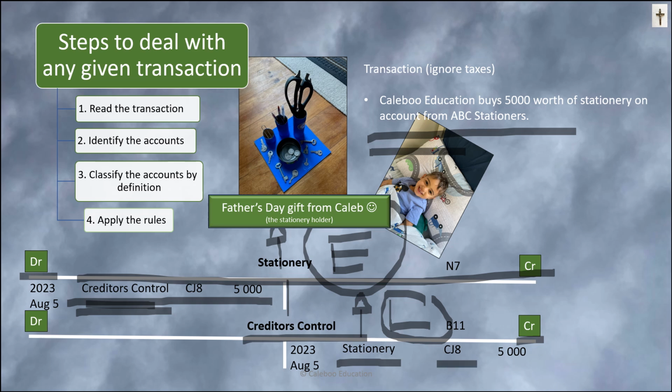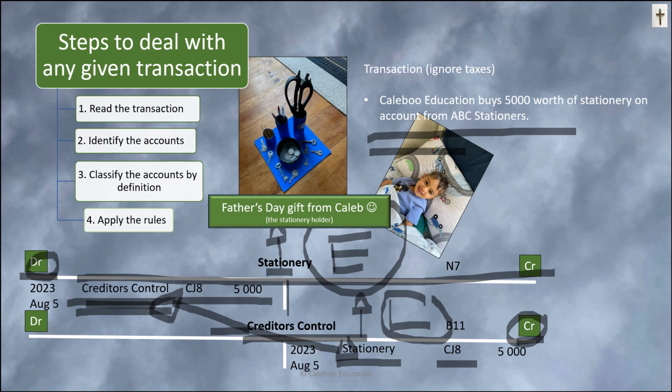Where was this information recorded? In the creditors journal. And there's a cross-reference between the two accounts, a link. Stationery and creditors control are contra accounts. The one account was debited and the other account was credited according to the accounting rules.